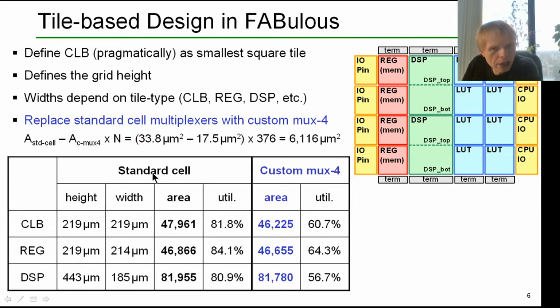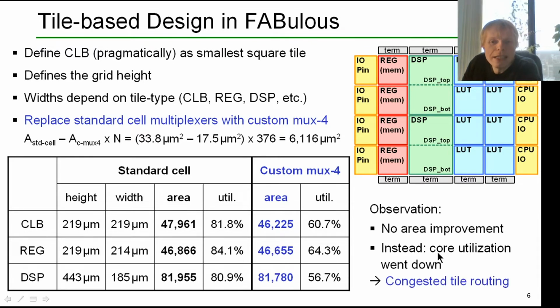However, if we run the experiment and we take our standard cell area here, the black column, as a baseline, then we see if we replace this with custom 4 multiplexers that the area is not shrinking as much as we expected. And if we repeat the experiment for register slices or DSP slices, we see there is virtually no improvement at all.